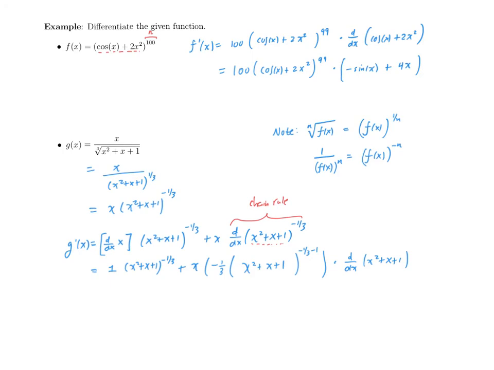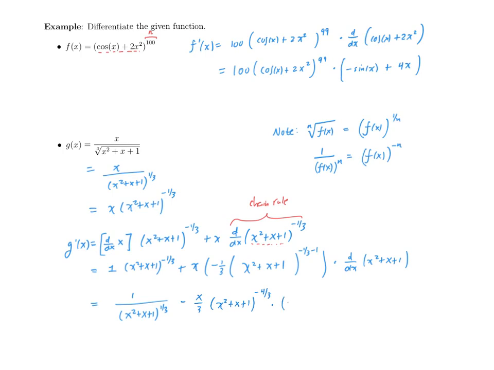And putting this all together now, we have 1 over x squared plus x plus 1 to the 1/3, just rewriting it so there's not a negative exponent, but a negative exponent's just fine. And then pulling that negative out, we could say minus x over 3 times x squared plus x plus 1, now it's to the minus 4/3 power, times that remaining derivative.